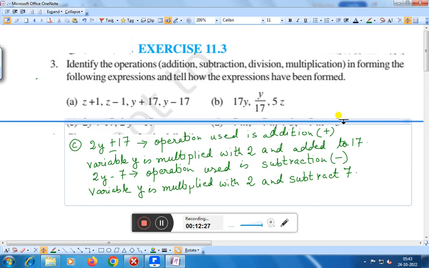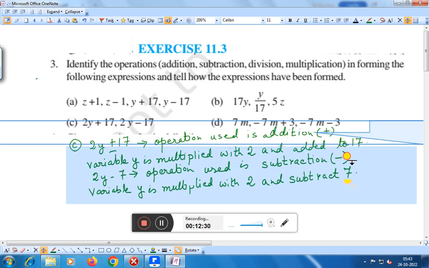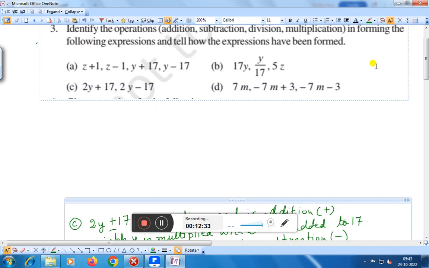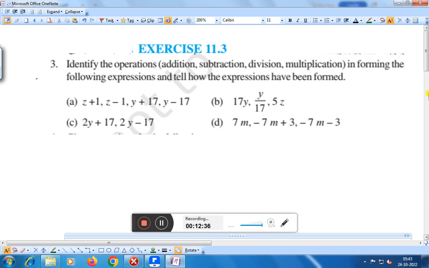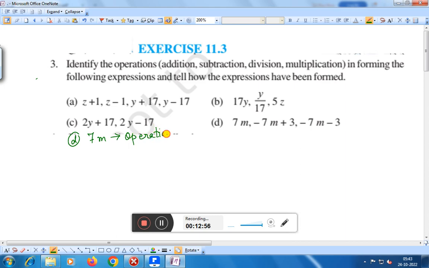Here you see, question number D, the first one is 7m, right? 7m means 7 multiply m, therefore operation used is multiplication.